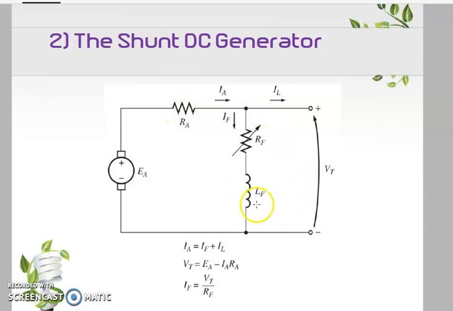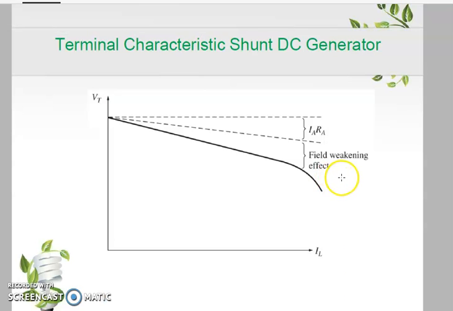Okay, so you draw or fabricate the circuit and you are able to derive the equation. IF is still the same, VT over RF. When we plot the output behavior of this generator, we are no longer plotting in terms of speed like the motor. We plot the terminal voltage, VT versus load.